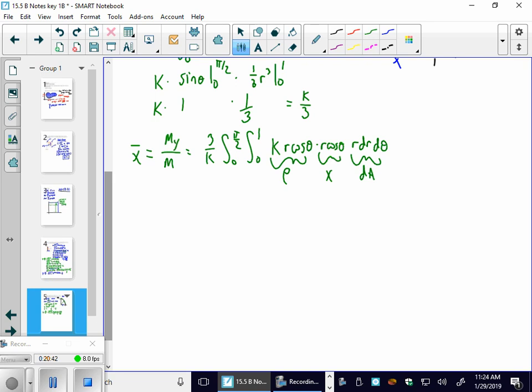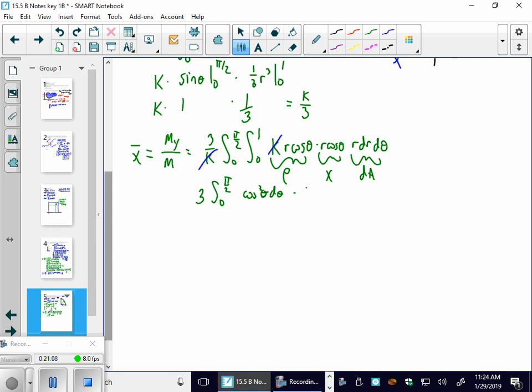So let's see. This k cancels out that k, which is nice. That leaves me with a constant of 3 out front. Once again, I can separate the variables here. I've got 0 to pi halves of the theta part, which is cosine squared theta d theta. And then the r part is r.